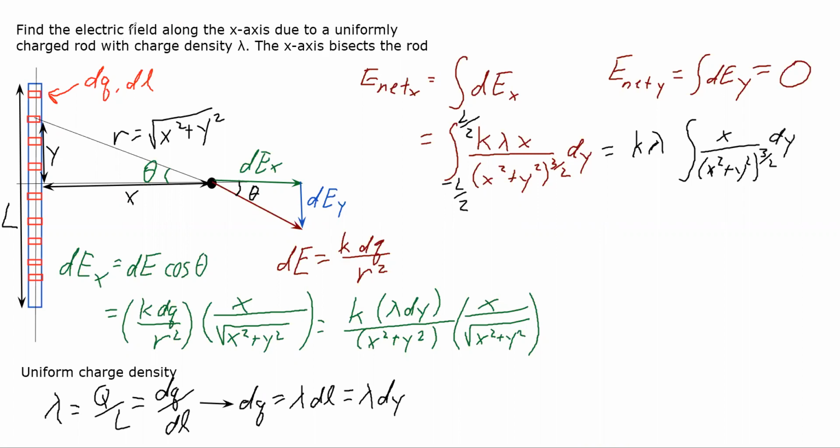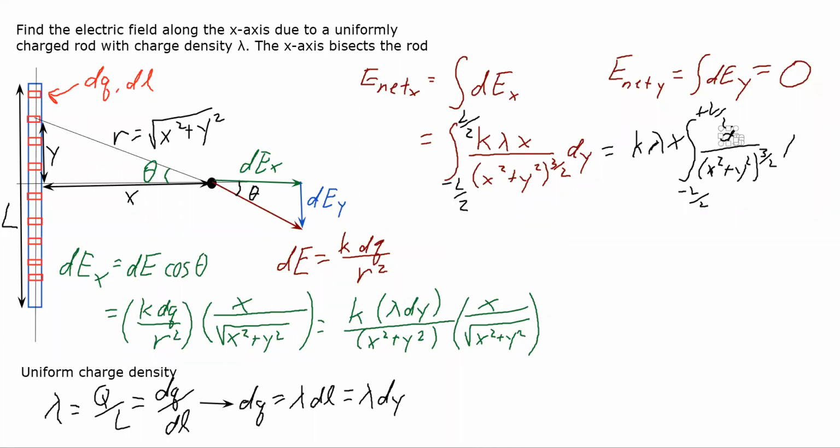So I'm just setting up my integral and taking out my constants. I did leave x in there. Actually, I could take out x if I wanted to, so let's just take out x here. And again, the limits are negative L over 2 to positive L over 2. So I just have to take this integral.